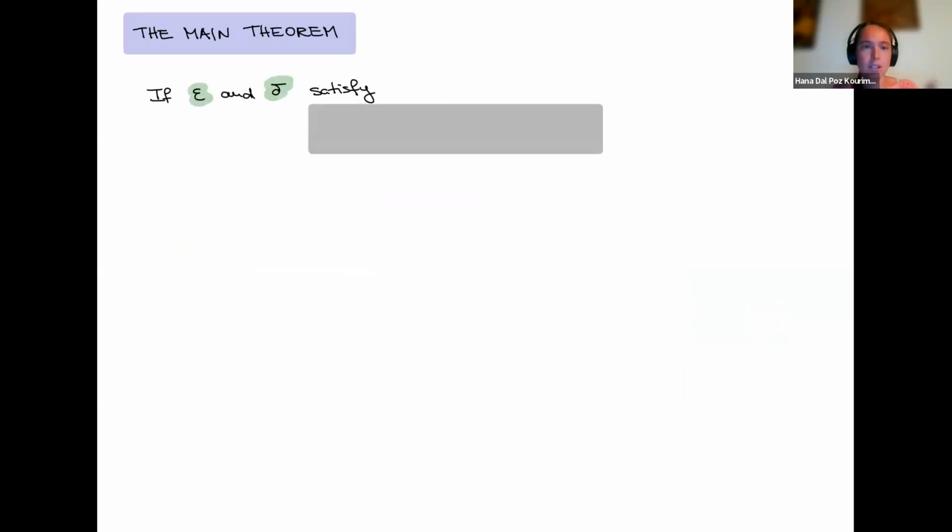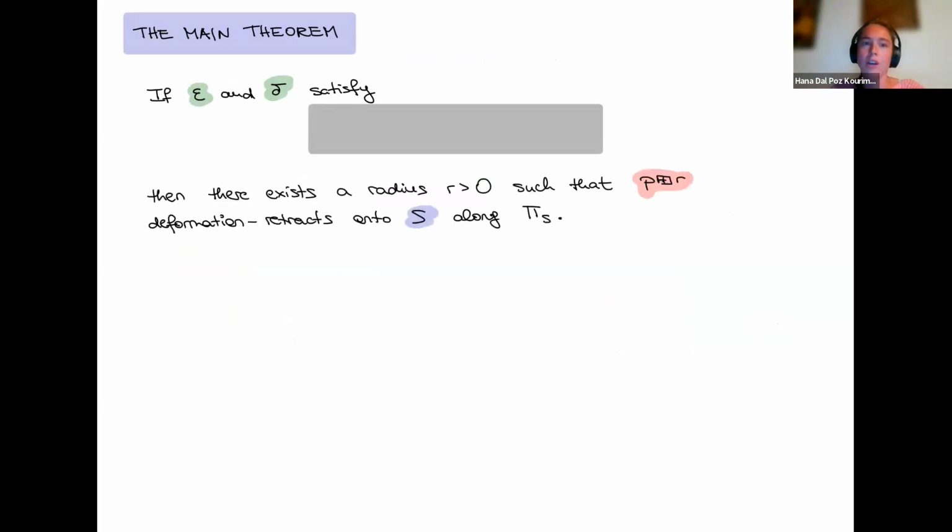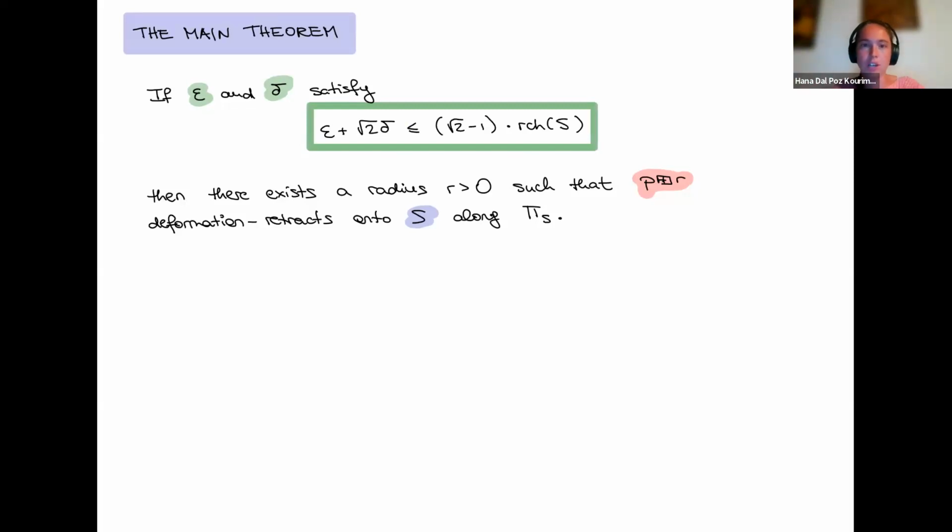So the theorem says that if epsilon and delta satisfy a certain condition, then there exists a radius R such that the R offset of P deformation retracts onto the set S along the closest point projection. And the great thing is that this gray box is actually just a linear condition on epsilon and delta.